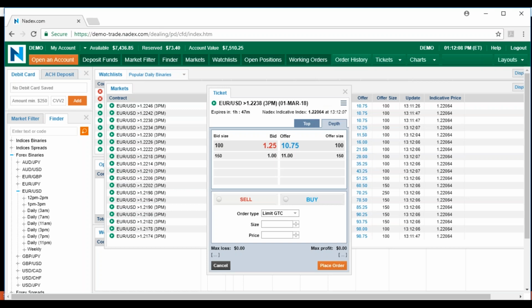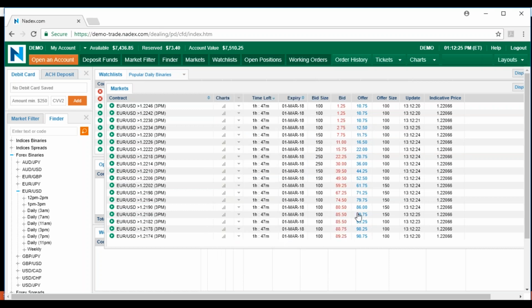Okay, the market has a long ways to go to get up past this. All right, so that's called an out of the money binary. So the market has a good ways to move for this statement to be true. That's why it's priced lower, because it's a much lower probability, as opposed to these in the monies down here that the statement's already true. The market does not have to move, right?